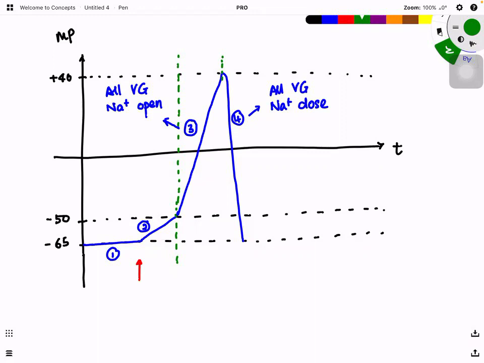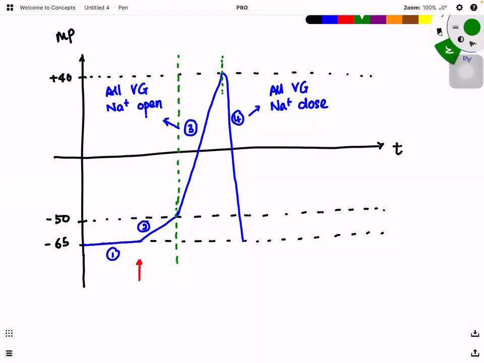the repolarization, characterized by all voltage gated sodium ion channels closed and all voltage gated potassium ion channels open. So at this moment, if you give any stimulus, we won't be able to generate any action potential.